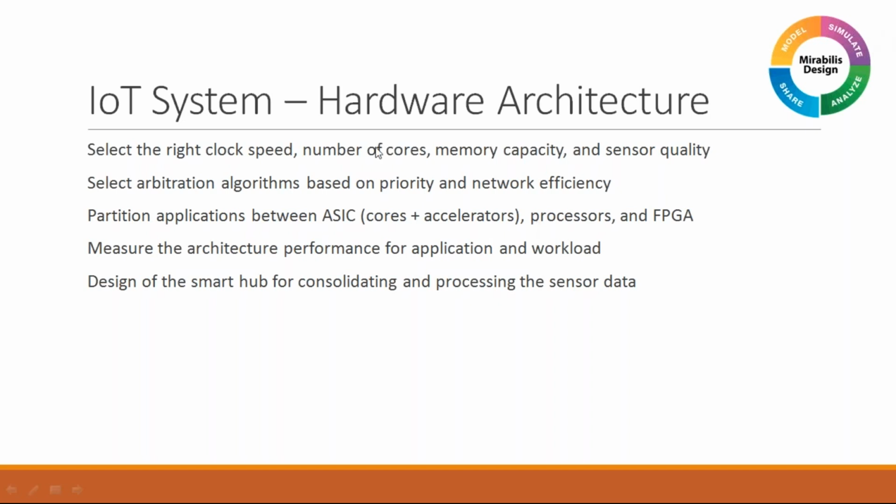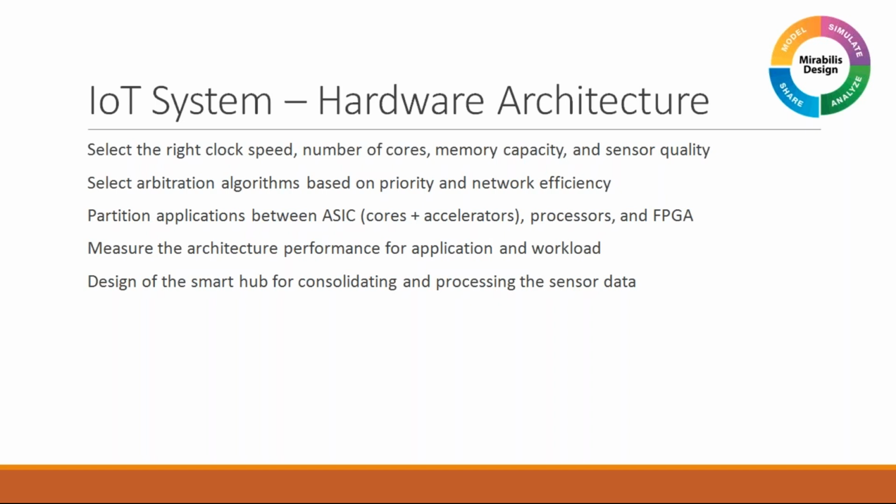So looking at the hardware architectural problems that I just talked about, mainly we are trying to address problems such as how do I select, or what is the rate at which I need to run my devices, and what are the devices that I need to use in my platform to be able to meet my performance or power requirements. What is going to be the memory size that goes with my system platform itself.